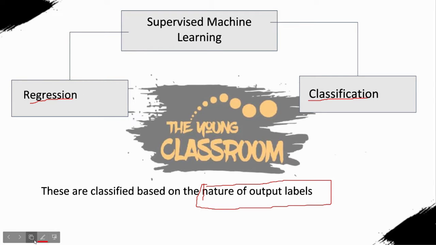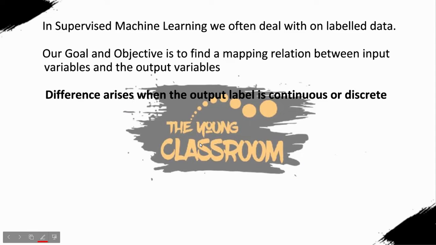Let me show you what exactly these are. Our goal and objective is to find a mapping or relation between the input variables and the output variables, and so the difference arises in whether our output label is a continuous or a discrete value.